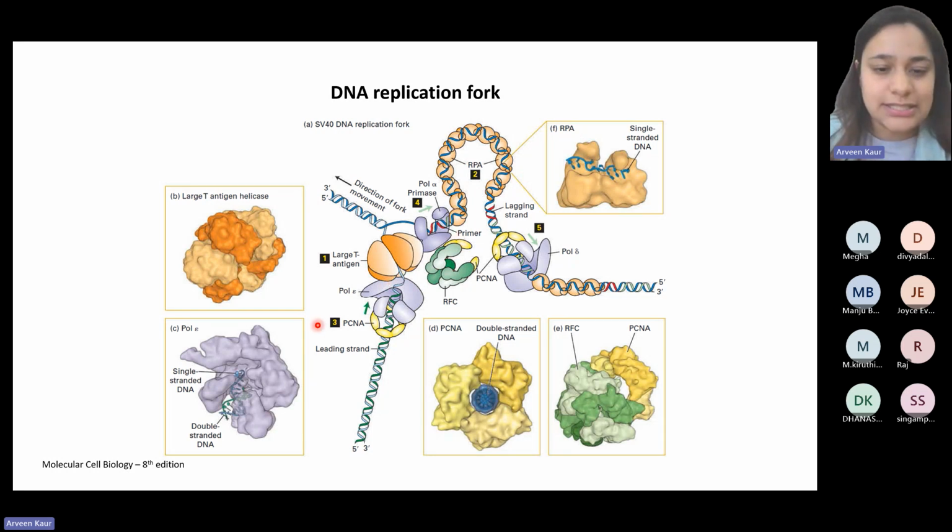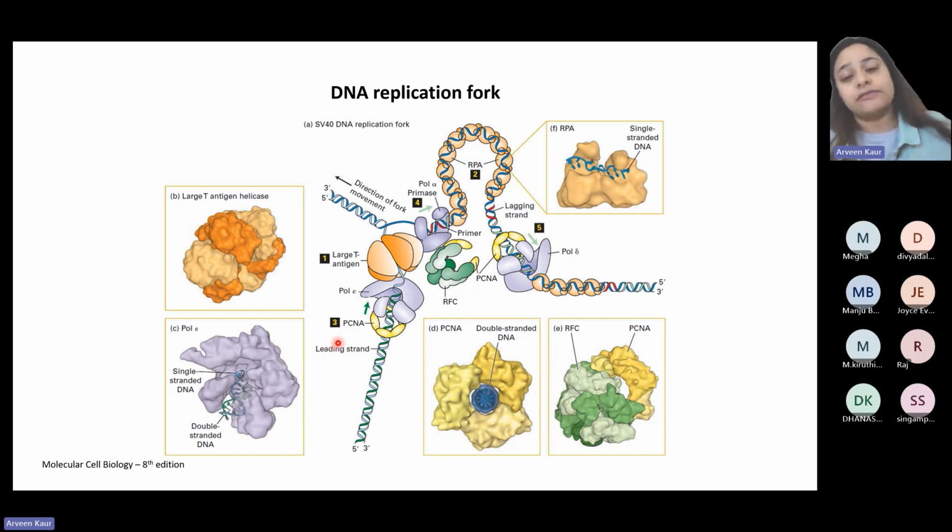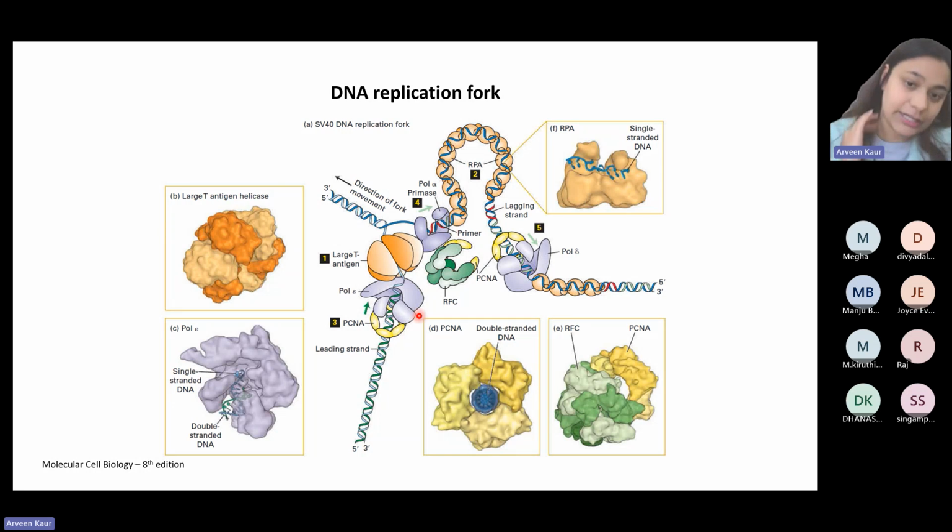Then coming to three is this PCNA. PCNA, as ma'am talked of extensively, is a clamp, right? Over here, this clamp will be present in front of the polymerase, right? So it is present in front of all polymerases. Over here in polymerase epsilon, we can see it; near polymerase alpha, we can see it; then near polymerase delta, we can see it. So what will this clamp do?